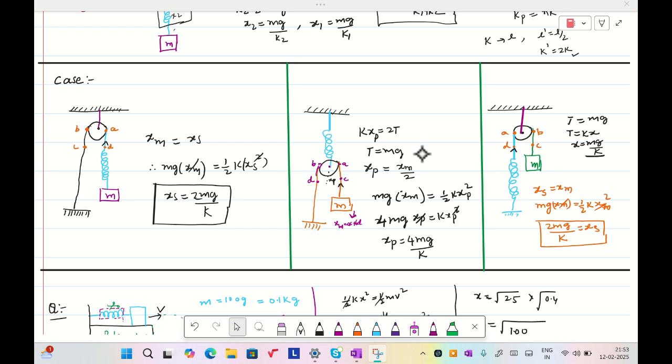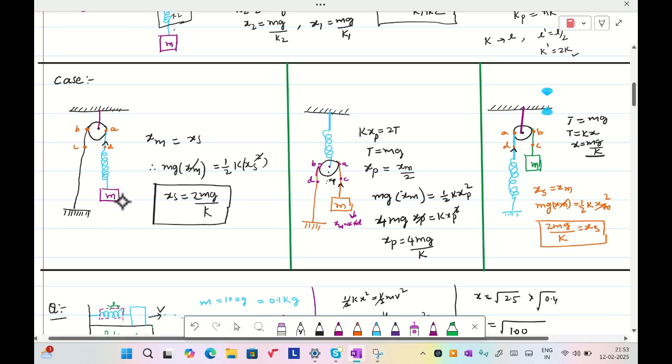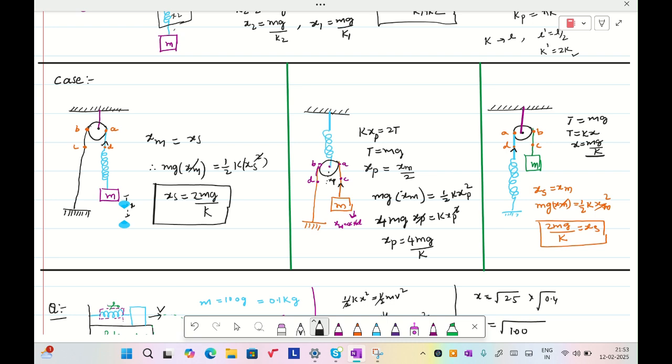In all these three arrangements, what is the maximum extension of the spring? Whenever they are asking for maximum extension, you have to equate the work done. Here the decrease in potential energy is mg into x, as the block moves x distance down. If the block moves x displacement down, the spring also extends the same.